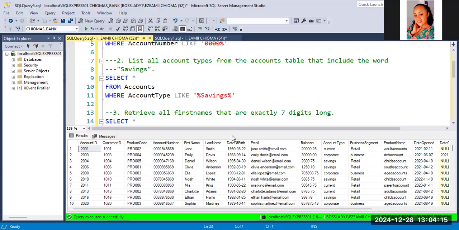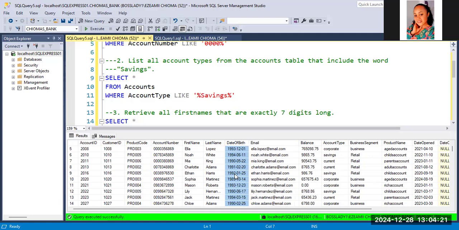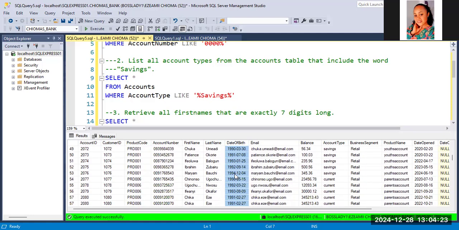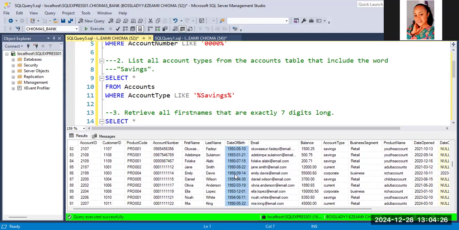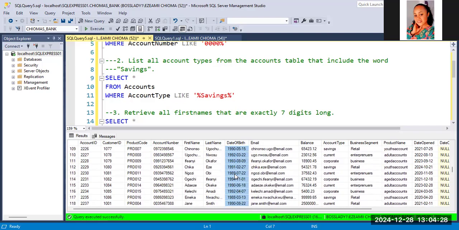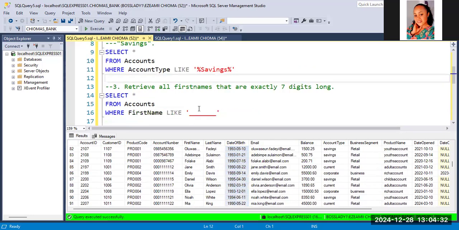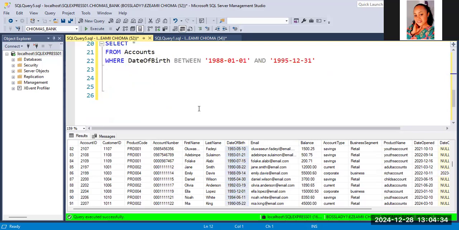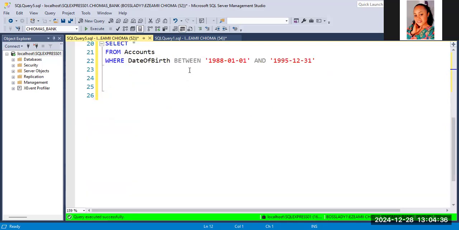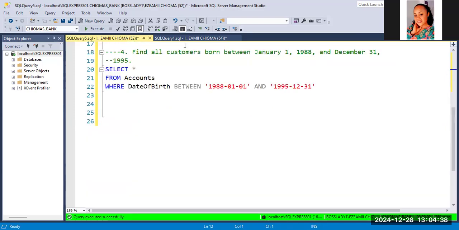So if we check our date of birth column, when you look at this, you will see from 1988 to 1995, that's what we have. We don't have any data that is like 2000 or earlier than 1988, okay? So this has solved our question number 4, right?